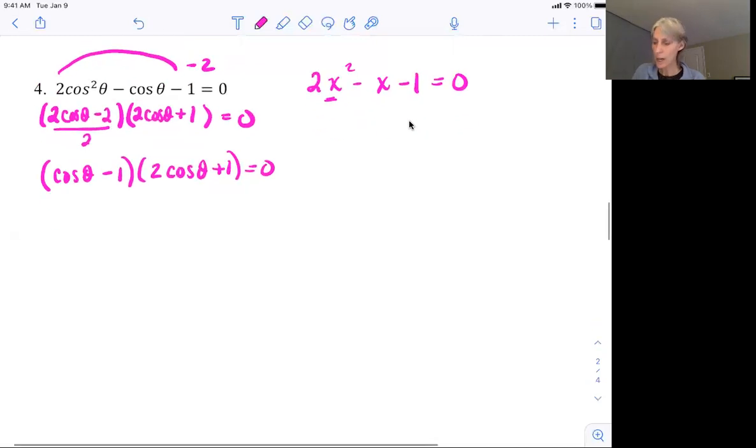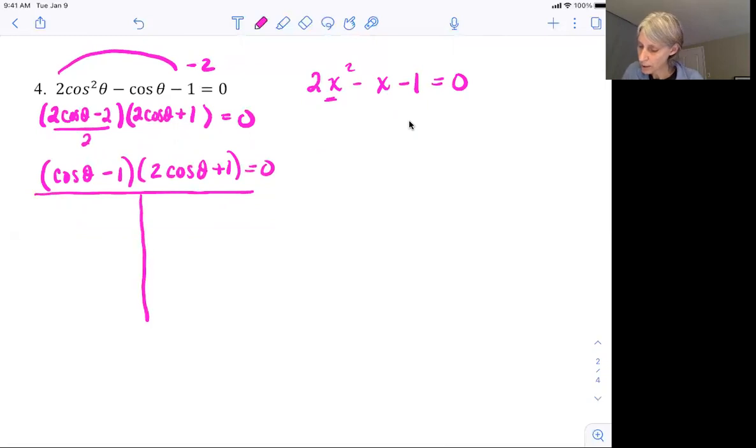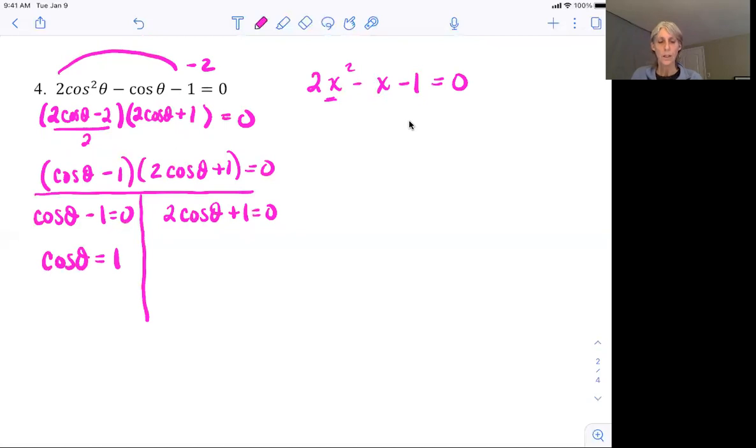Now continuing on, we're going to set each factor equal to 0. For the left factor, we get cosine theta equals 1. So now we want to think about where does the cosine of theta equal 1?